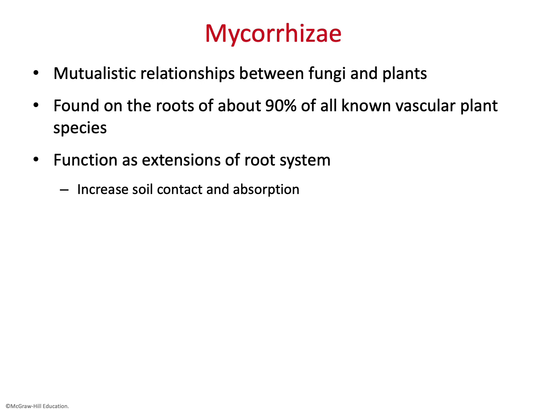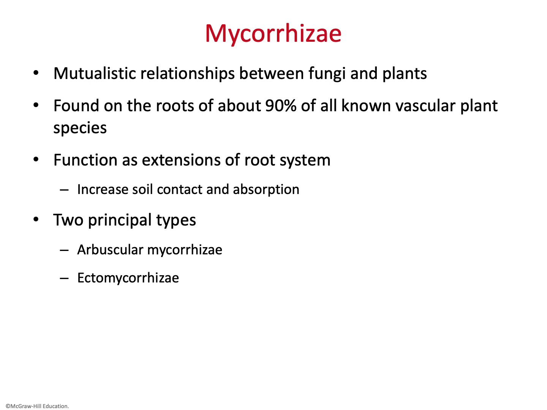Fungal mycorrhizal associations act as extensions of the plant's root system. Fungal hyphae increase the surface area of the plant root that is in contact with the soil. The plant, on the other side, supplies the fungus a safe place to live and sugars. That is the benefit that the fungi get.